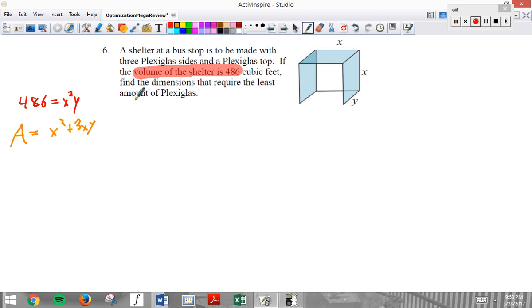And again, that's based on there are 1, 2, 3 sides going around this way and a top. These 3 sides, the left, right, and top, have dimensions x, y.